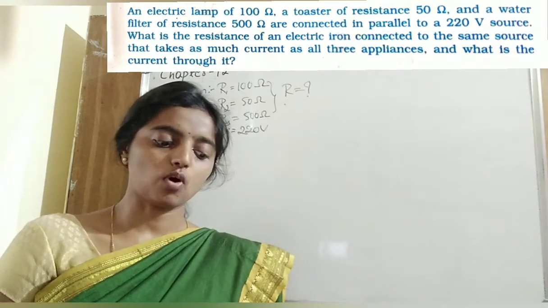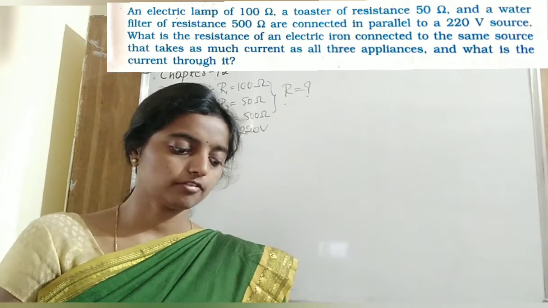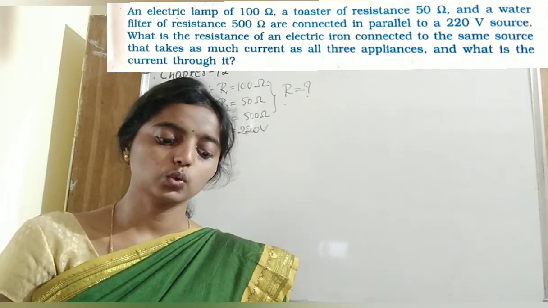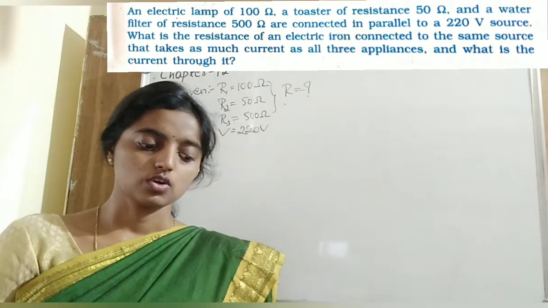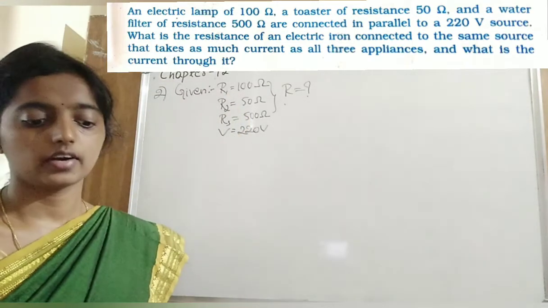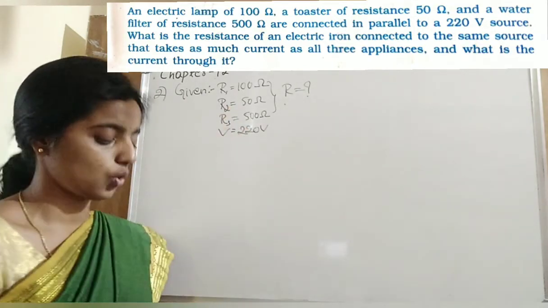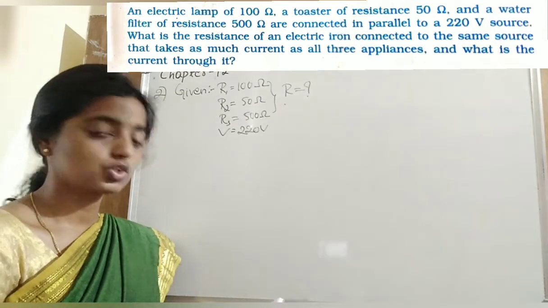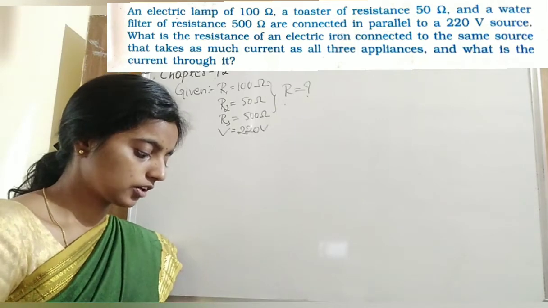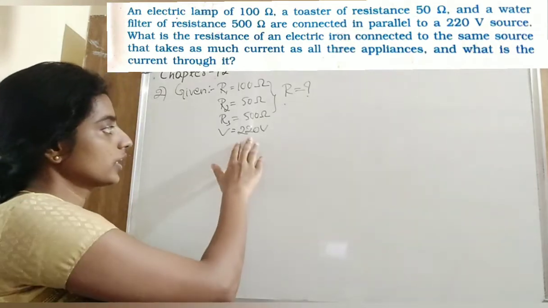An electric lamp of 100 ohm, a toaster of resistance 50 ohm and a water filter of resistance 500 ohm are connected in parallel to a 220 volt source. So see that here they are given R1 is equal to 100 ohm, that is the resistance of the electric lamp, and R2 is 50 ohm, that is the resistance of a toaster, and R3 is 500 ohm, that is the water filter resistance, and the battery source is 220 volt.